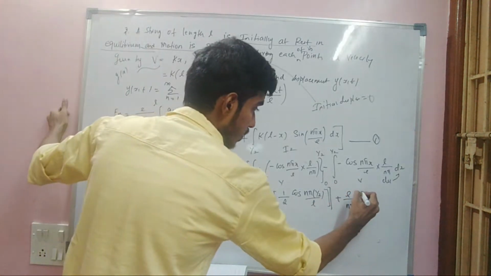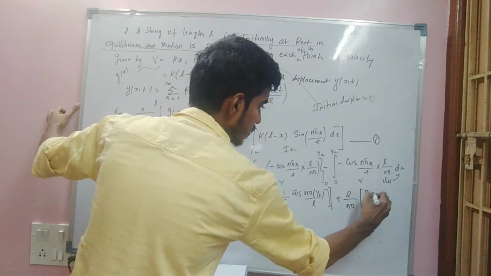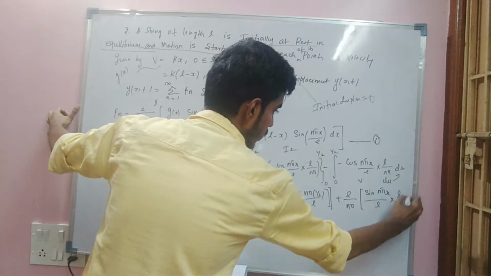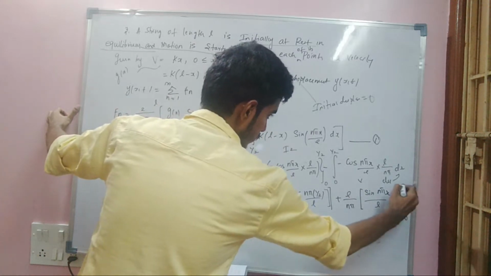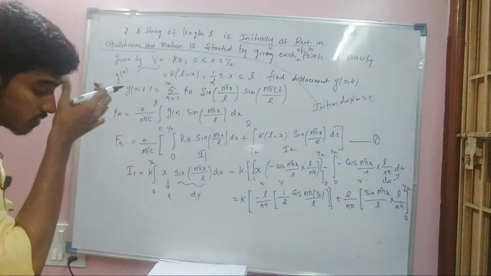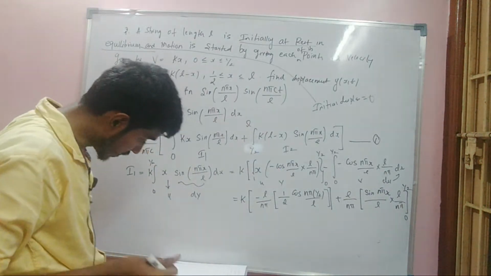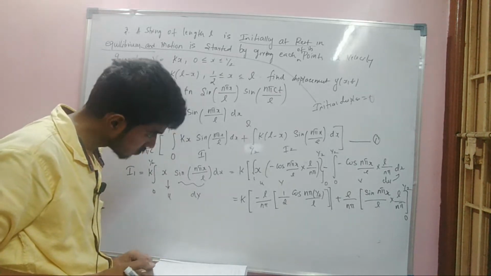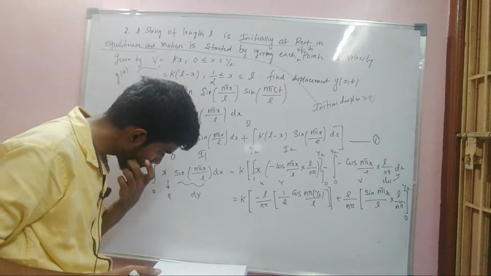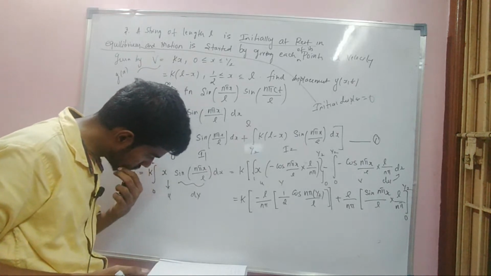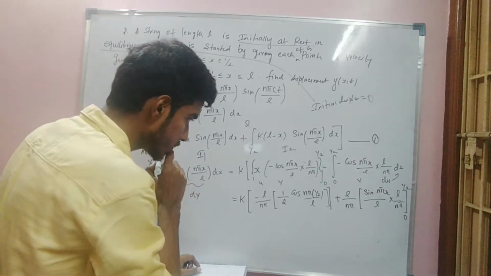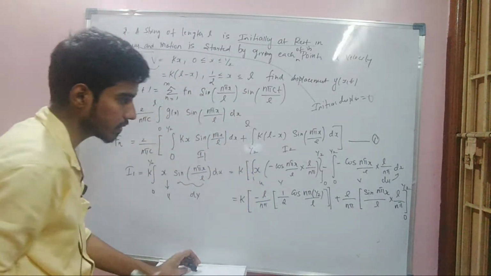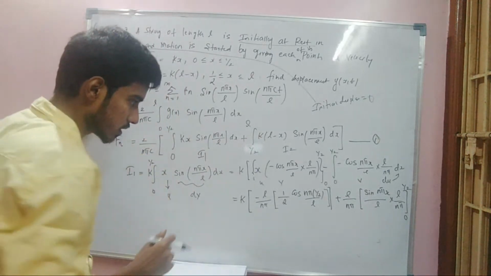This will be sin(nπx/L) times L by nπ, with the limit from 0 to 1/2. Again if I substitute x equal to 1/2 here, we will simplify this.